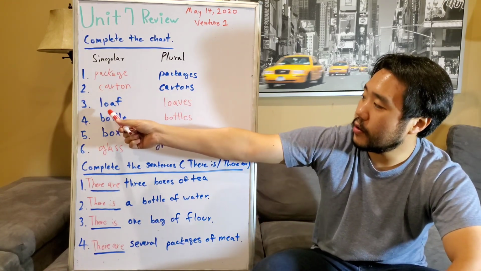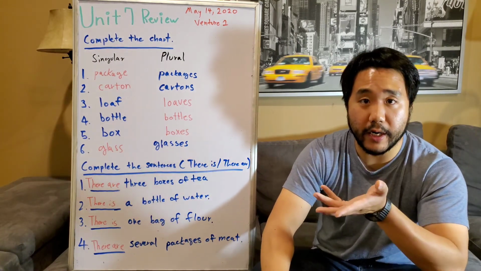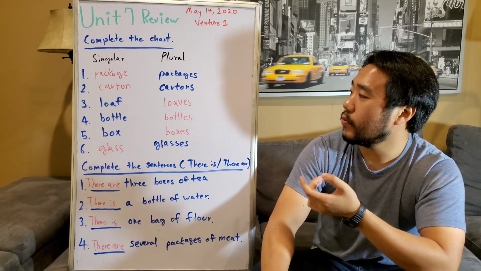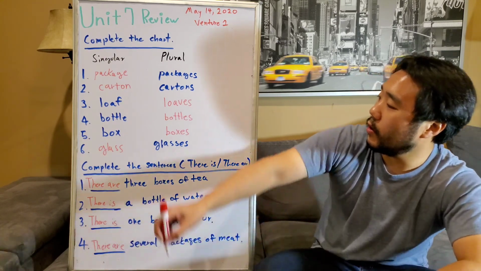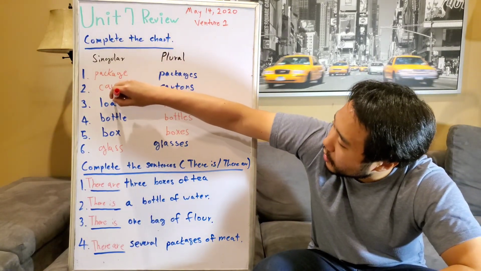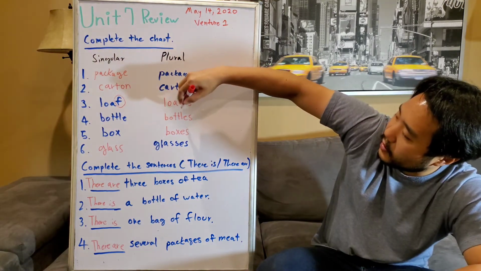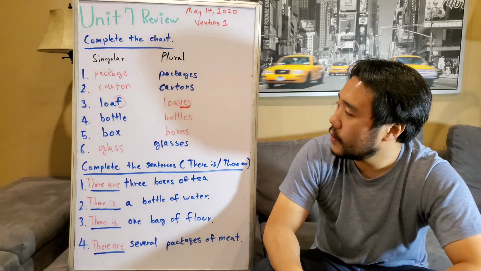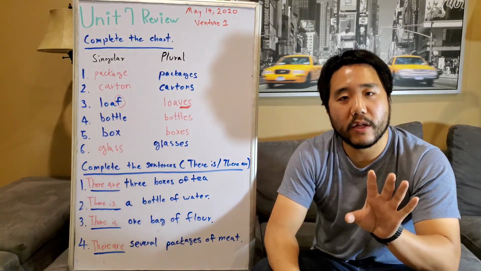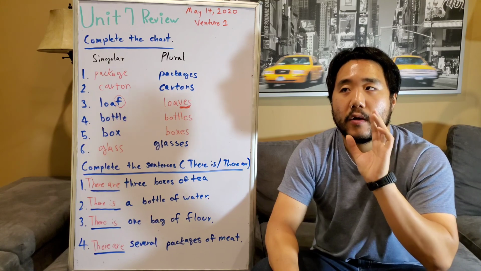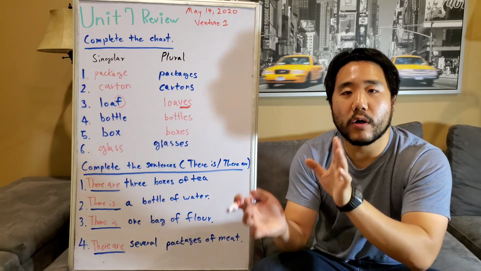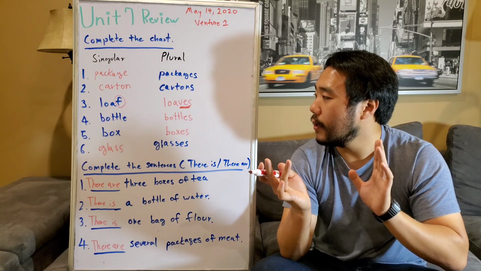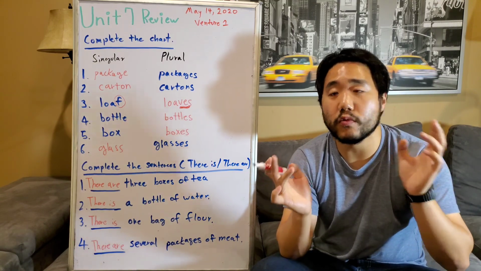Number 3, loaf. We use that for bread. A loaf of bread. And then in plural form, we say loaves. So here we replace the letter F with VES. I hope this is just to remind you that there are regular ways of making a word into a plural form, and then there's some irregular rules.